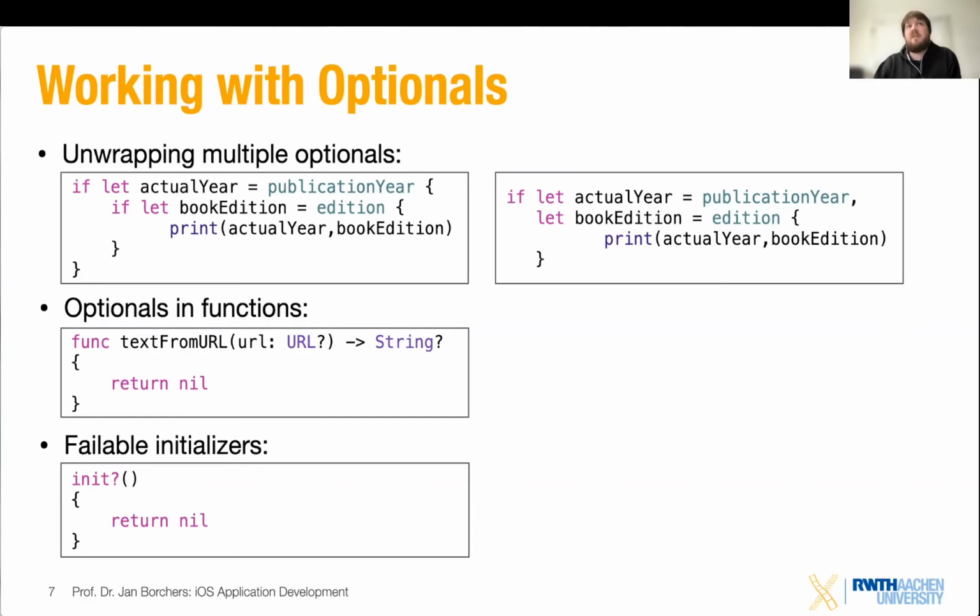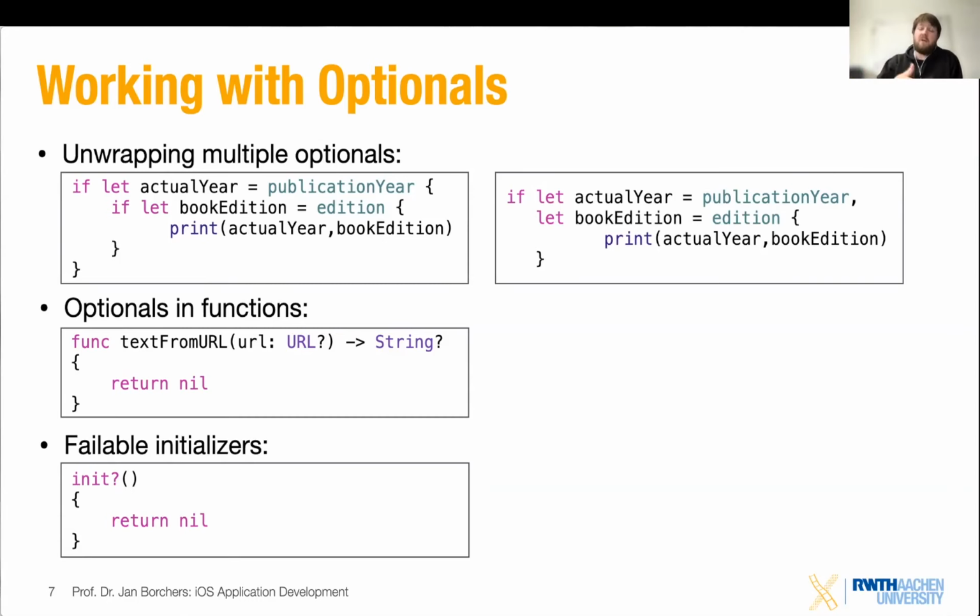So here the if let, assuming that it is referring to that, will check whether the assignment is possible. So let actualYear = publicationYear. And in the if let construct, it will try to unwrap the optional directly and assign it to this new constant. So in this case, you could think of a Boolean idea which would work or not work.